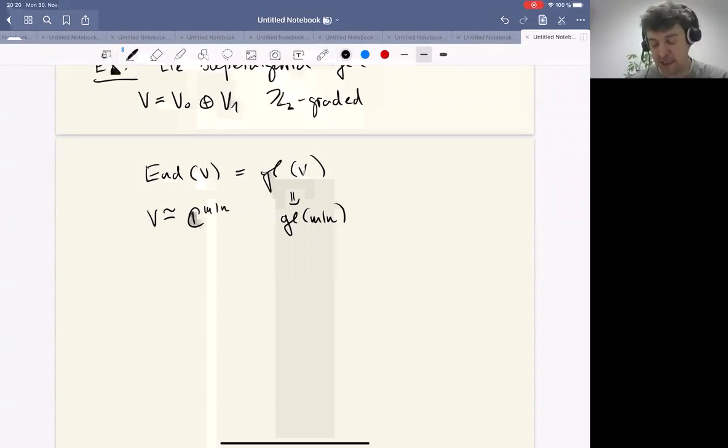Every Lie superalgebra has an even part and an odd part, and you see this very nicely here for GL(M|N).